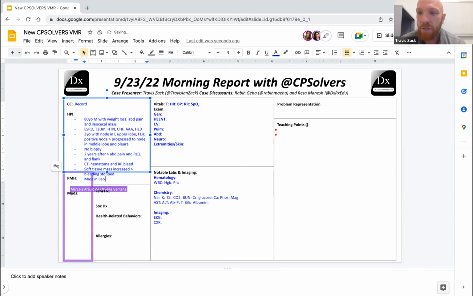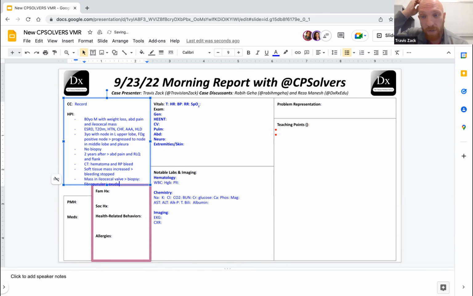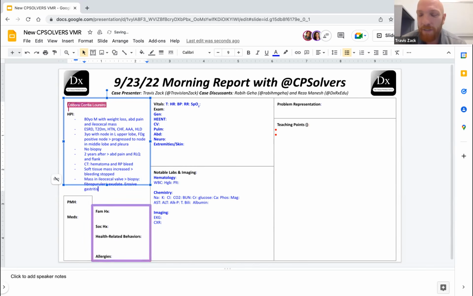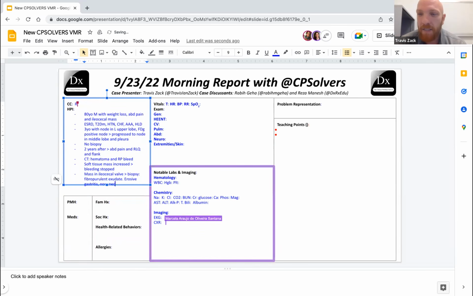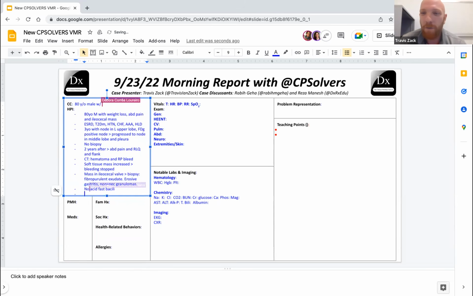Biopsy of the mass showed severely active chronic colitis with fibrinopurulent exudate. EGD also revealed several foci of erosive gastritis, reactive foveolar hyperplasia, and non-necrotizing granulomas. No fungal forms or acid-fast bacilli were seen on either biopsy. The patient was discharged on omeprazole, but follow-up labs were notable for an ESR of 67 and a CRP of 55.